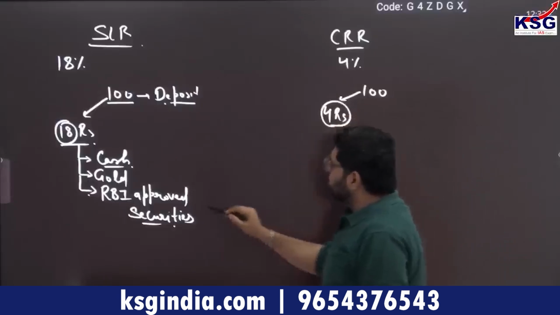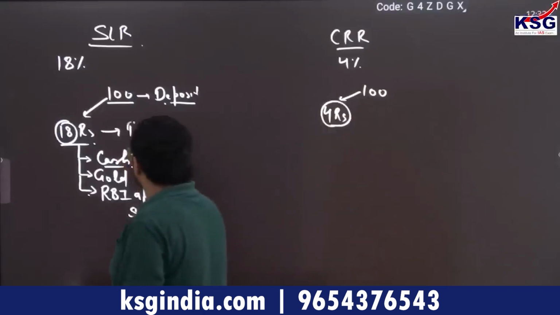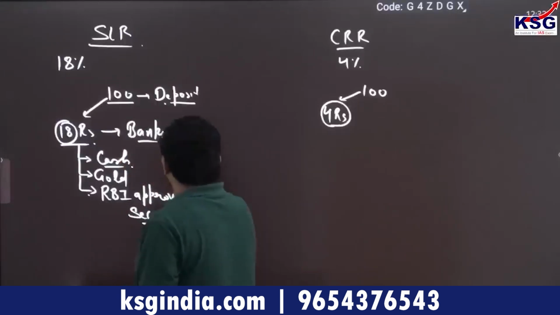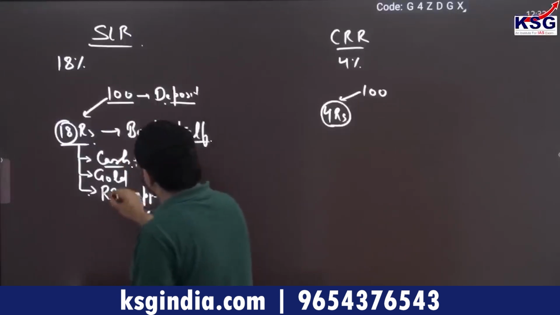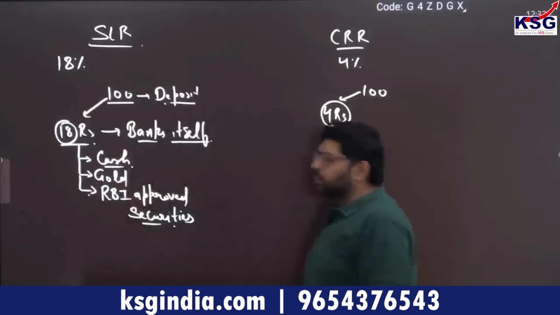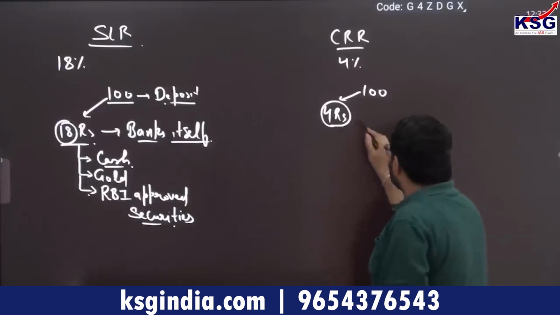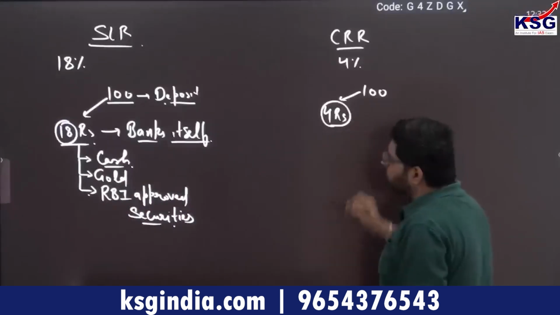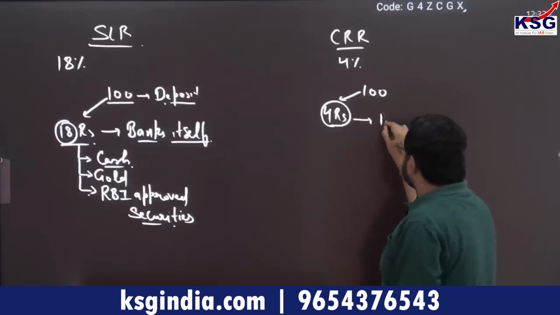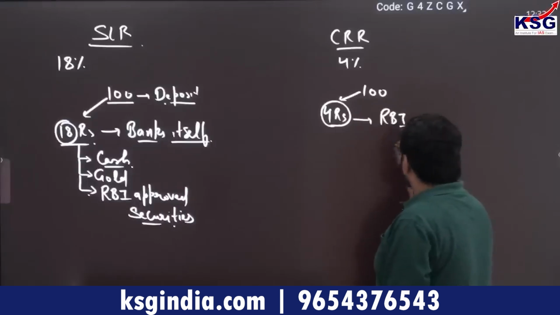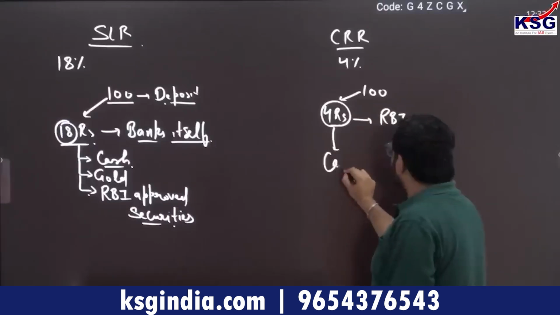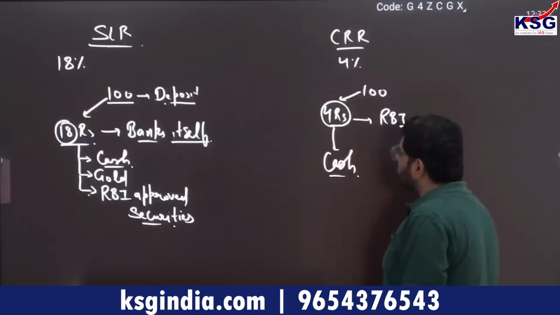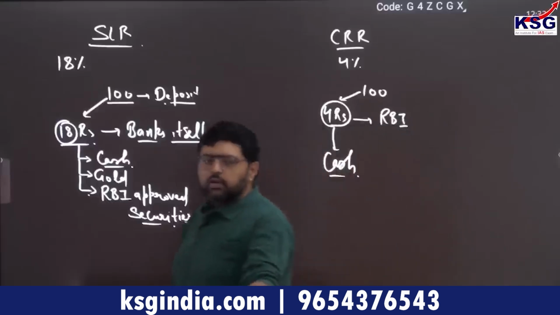So the 18 rupees is with the banks itself, maintained in three forms: cash, gold, RBI approved securities. From the 100 rupees, they maintain 4 rupees as CRR, which they give to the RBI in the form of cash.